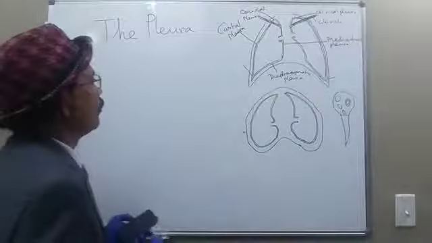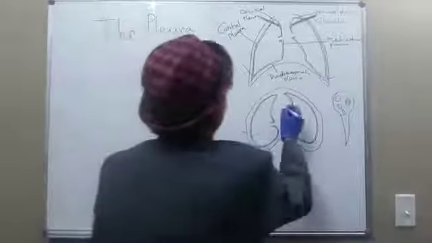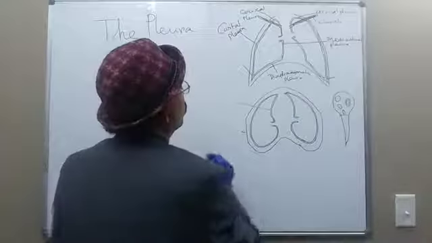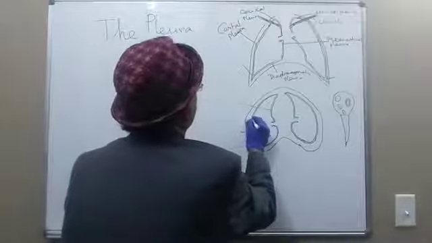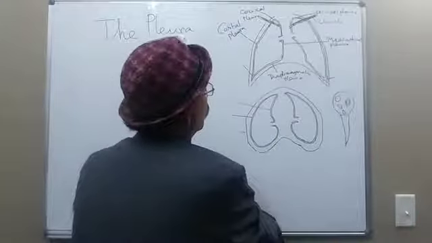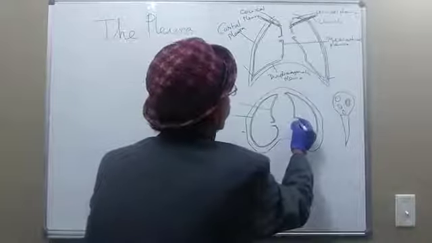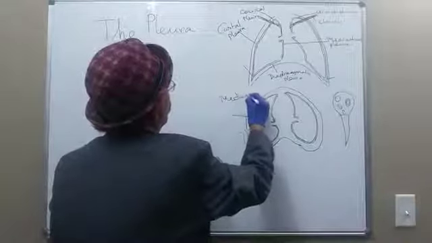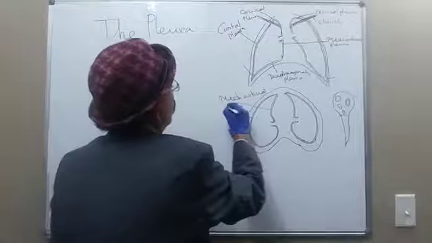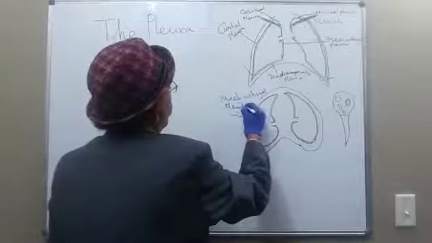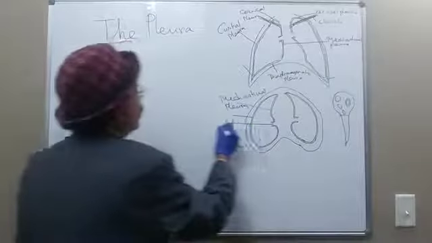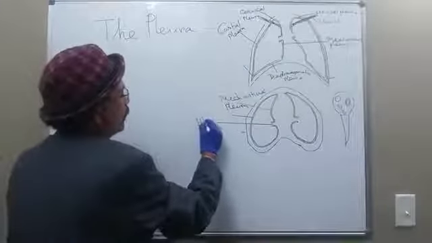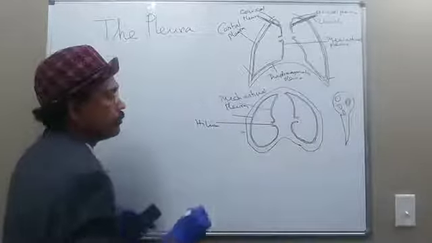Okay, we got. So this is our mediastinum. This is mediastinal pleura. This is the costal pleura. Okay, this is the mediastinal pleura. This is the hilum of the lung that contains the root.